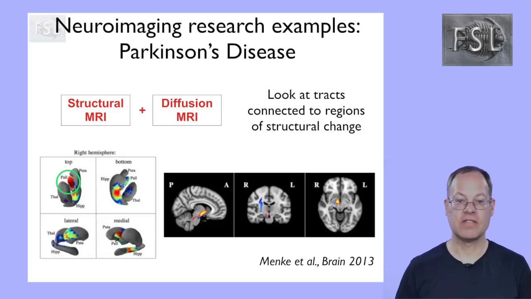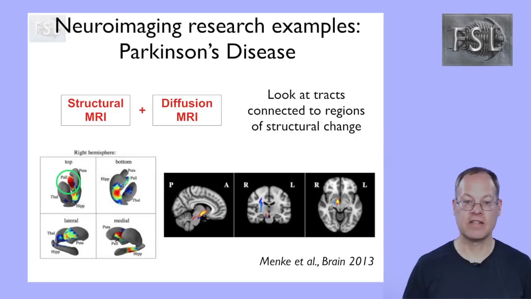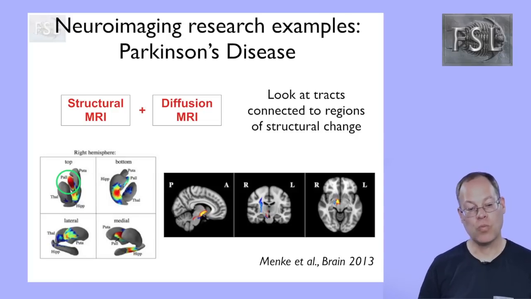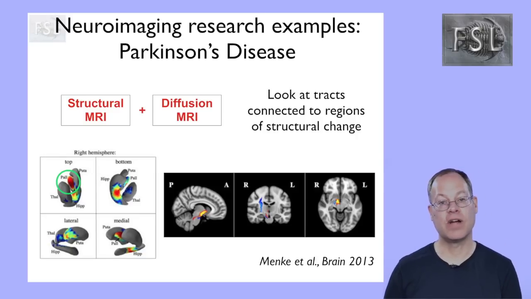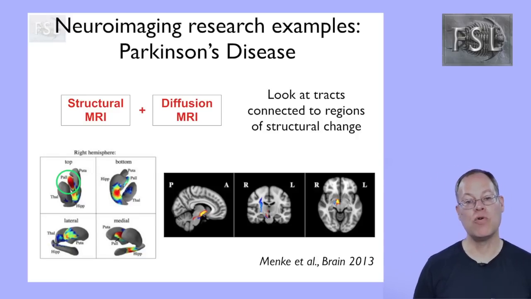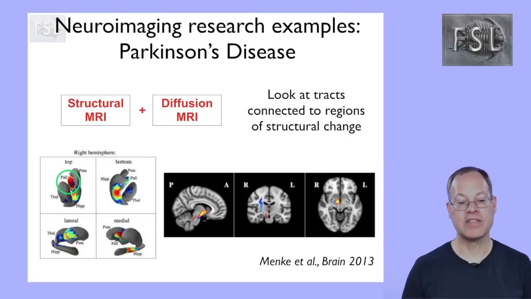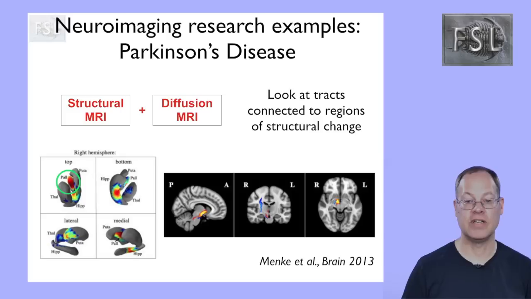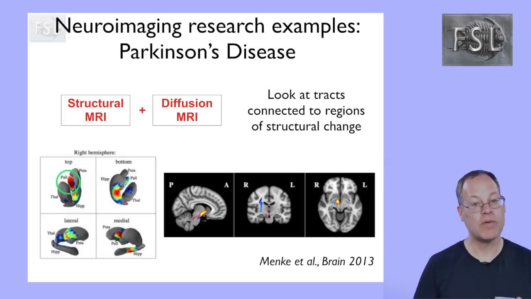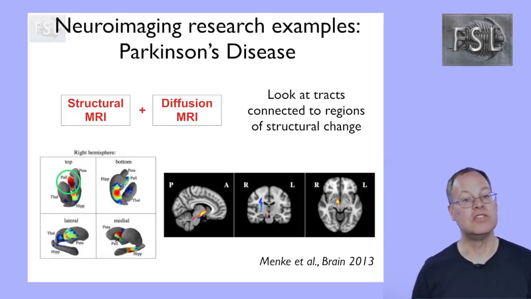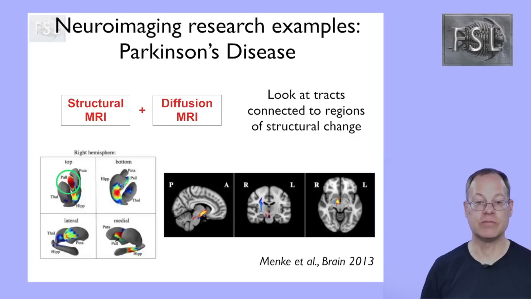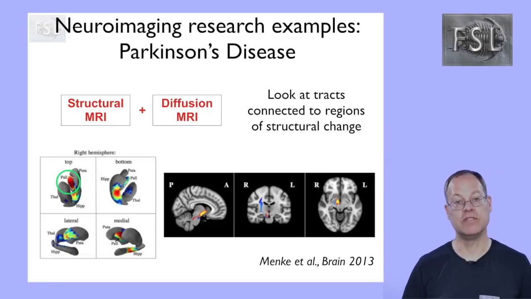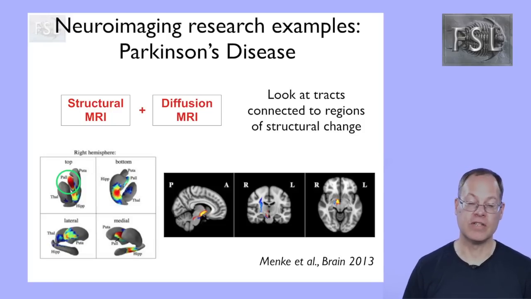And we can see that there are certain areas which are predominantly affected in Parkinson's, and we can use diffusion information to trace out where those axons go, what parts of the brain they are connected to, so that we can get more information about other subsystems which might be affected as a consequence of this change that we see in the subcortical regions, or maybe vice versa. Maybe it's changes remotely which are responsible for some of the changes that we see in the subcortical regions. And that's the kind of information that we can leverage by having a couple of different modalities used together.